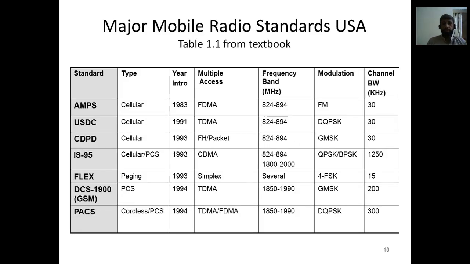This table provides a summary of radio standards that were established in United States of America. This table is extracted from the textbook. It's table 1.1 of textbook. The initial standards were AMPS, IS-54 (ADC), CDPD, IS-95, which were actually cellular. All these were cellular services. FLEX was a paging service that was used in US.